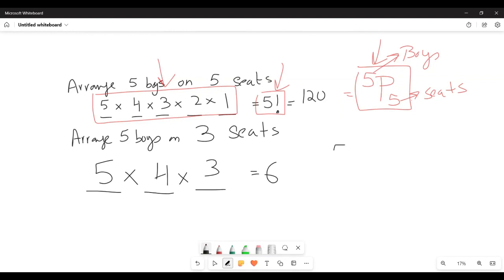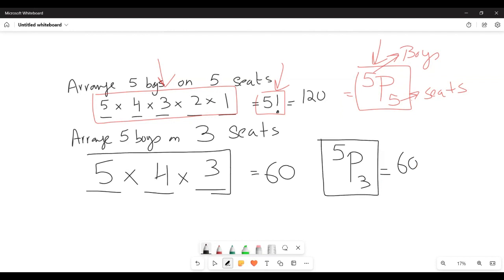Or 5 boys to be placed on 3 seats. So 5p3 will also give you 60. Hopefully 5p3 is 60. Yes. So either you use 5p3 or you use 5 times 4 times 3.